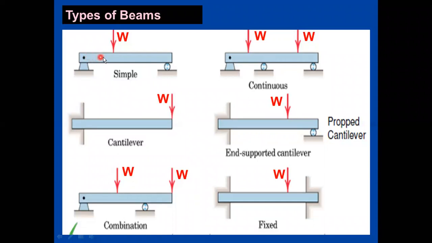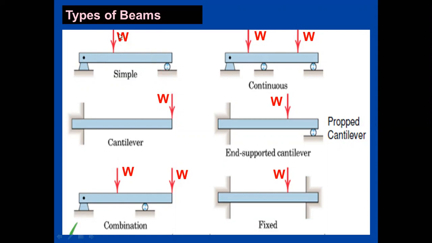A beam is a structural horizontal member. And the second one is the support. These two are the different supports over which this beam has been rested. To keep this structural member in equilibrium, the support also has to provide some reaction. Those are called the reactions developed in the support.